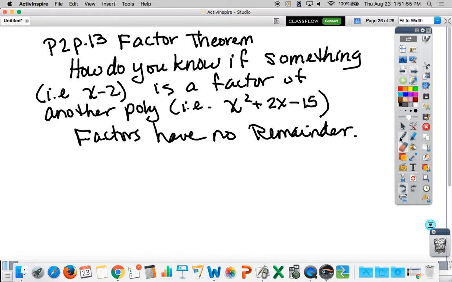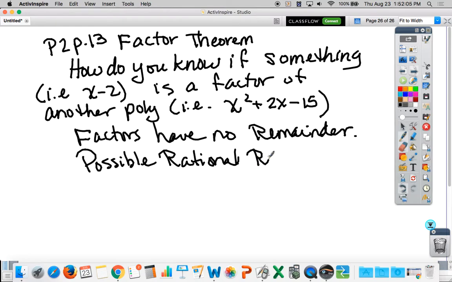in order to find factors, we have to do the possible rational roots. Now, guys, for the sake of time right now, but I'm going to crack down on y'all come next March and April.